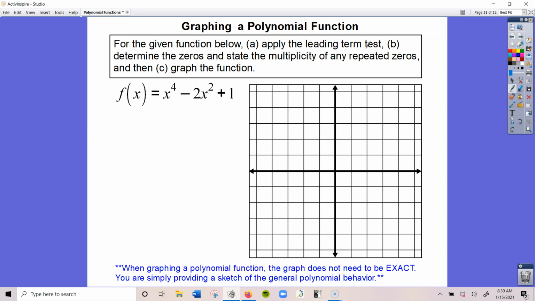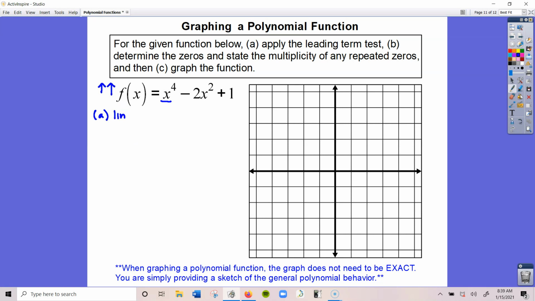So first, we're going to apply the leading term test. My leading term here is x to the 4th. So since my coefficient is positive, my right side is going to go up. And since it is to the 4th, an even number, that means that the left side goes in the same direction, so also up. Whenever you're writing end behavior, always write it using limits.